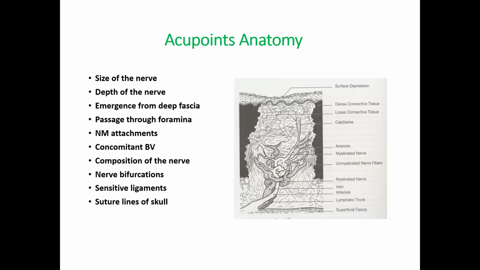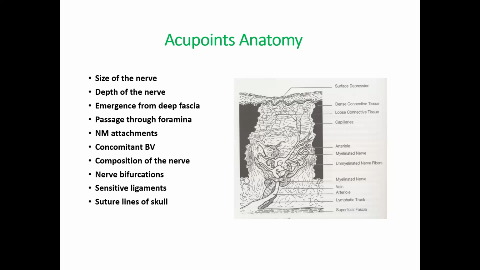For example, the supraorbital nerve comes out of a foramen, right? And this makes it more accessible to needling than other points. Neuromuscular attachments: acupoints located above neuromuscular attachments will probably give you a better response.